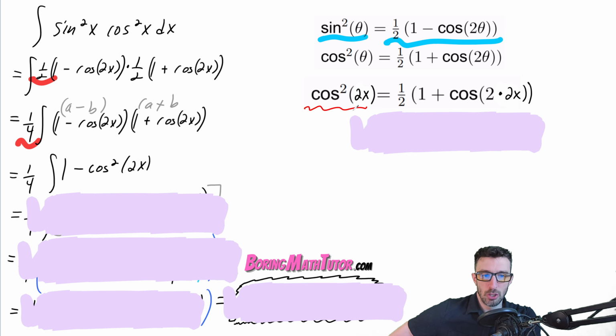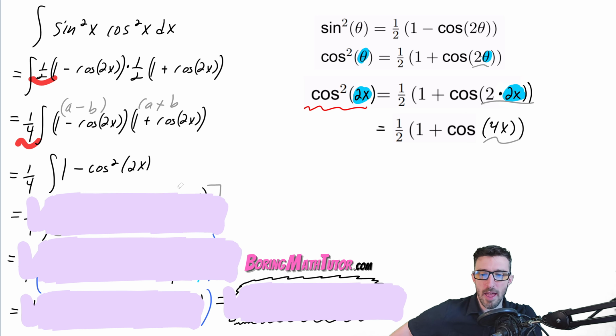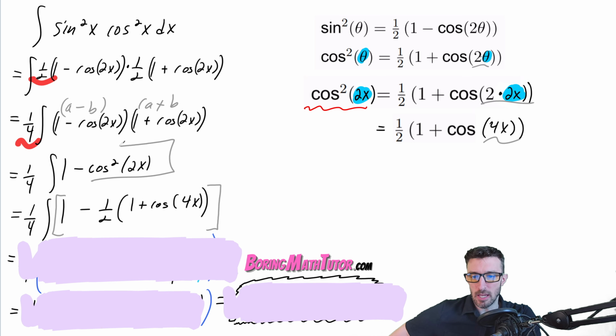Cosine squared of 2x, that means that now my theta is 2x. So when I see this theta over here, I should put a 2x, which means it's 2 times that 2x, which means it's 4x. So that means I can swap out this for that.